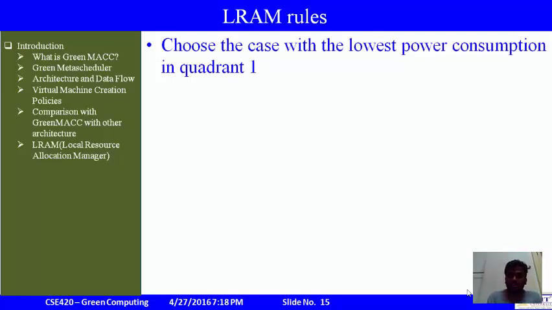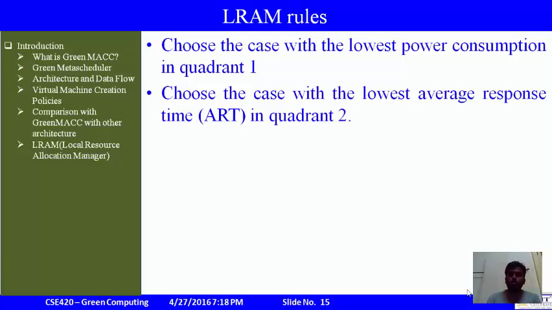Choose the case with the lowest power consumption in quadrant 1. As we saw in the graph, there were four quadrants, so we'll choose the case with the lower power consumption in quadrant 1. The second rule is choose the case with the lowest average response time, ART, in quadrant 2.